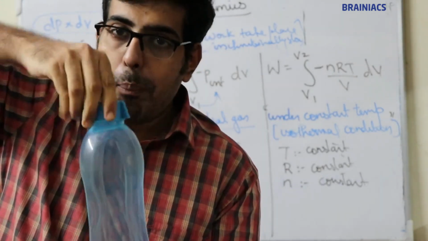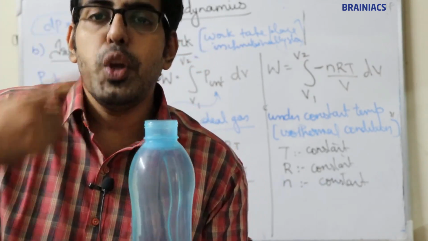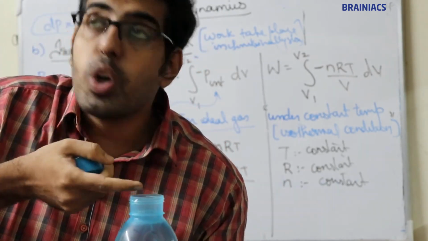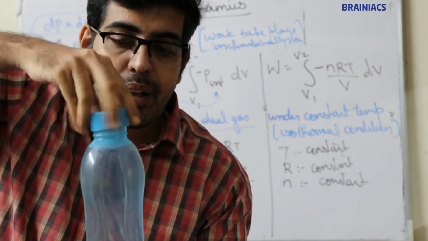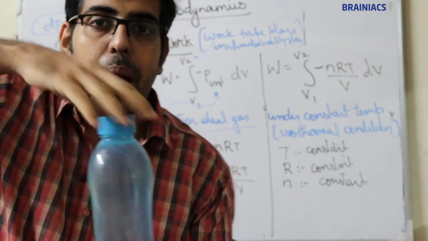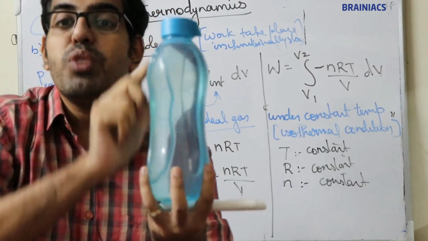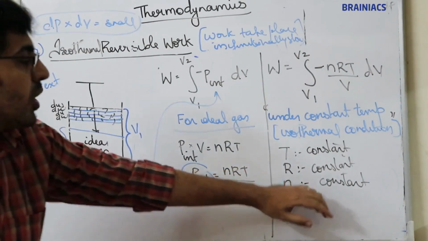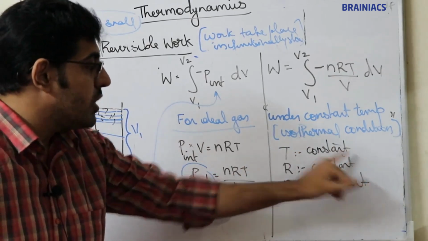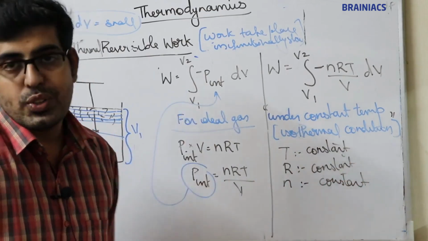If we consider an open system, then due to evaporation, water molecules will escape, so the number of moles decreases. But I'm taking a closed system so that the number of moles in the system will not change. So here temperature remains constant, R remains constant, n is constant.